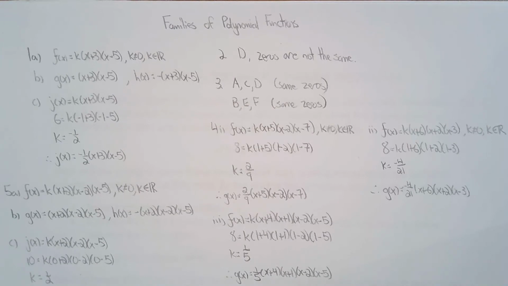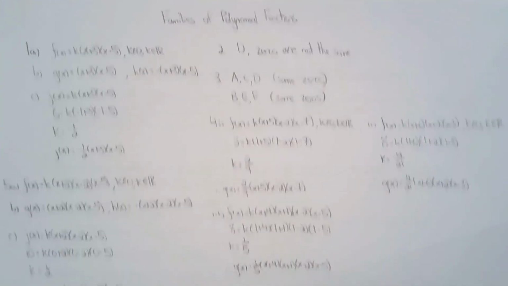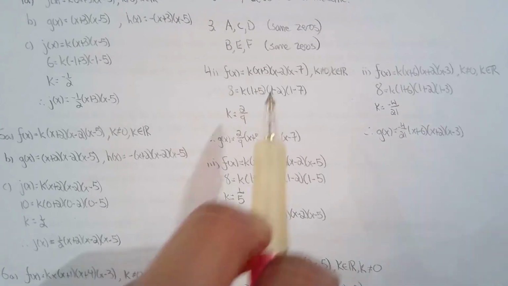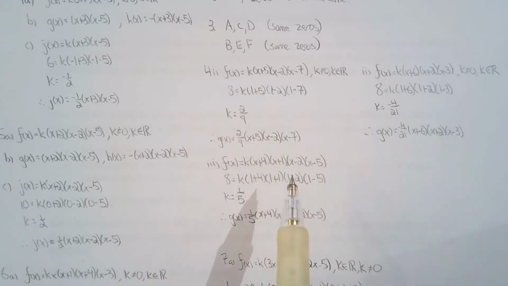For question 4, they gave us the zeros, and they asked us to solve for the particular member that passes through (1, 8). So really, the math was identical for the three parts to question 4. You first generated the equation for the family, and then you solve for the particular member by subbing in the point.